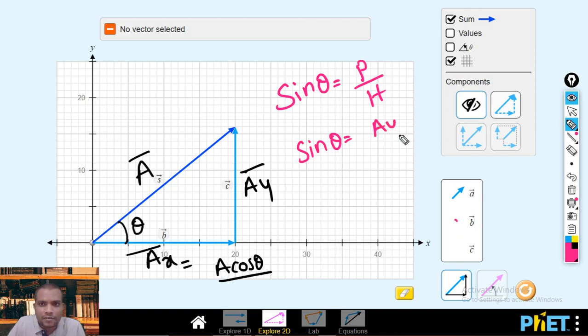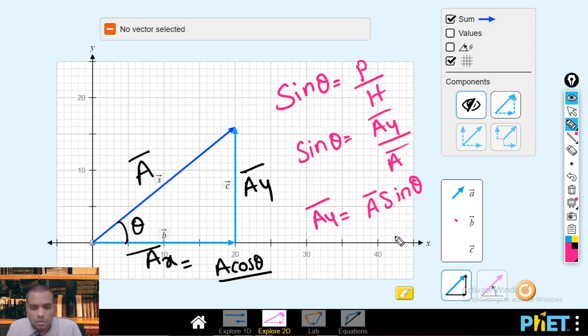Here it is ay bar. What is the hypotenuse? Here itself, a bar. Therefore ay vector equal to how much? A vector times sin theta. So this is how we got the resolution of vectors.